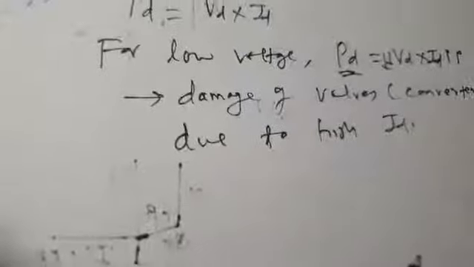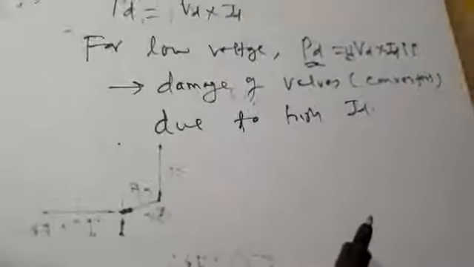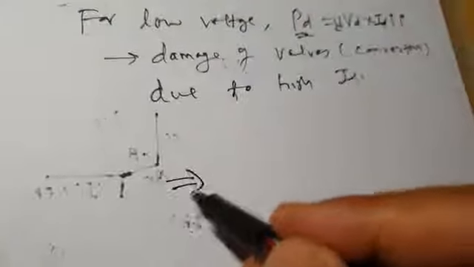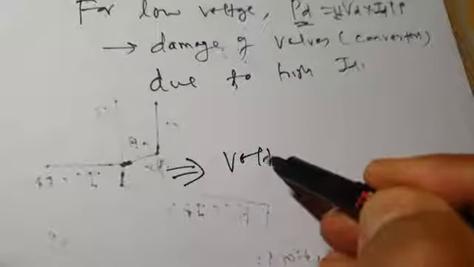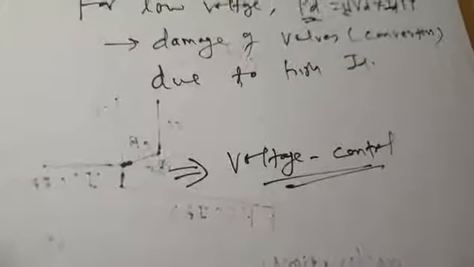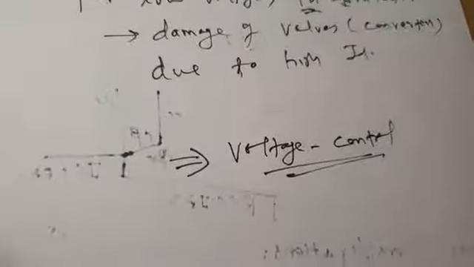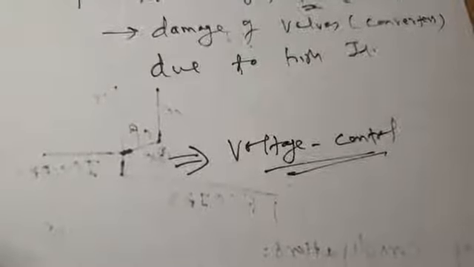So therefore we never go for power flow control, we go for voltage control or current control. Generally current is maintained constant, so the practical way is to go for voltage control of the HVDC link instead of current control. Power control is not used because of these drawbacks which I have discussed. So generally we go for voltage control.